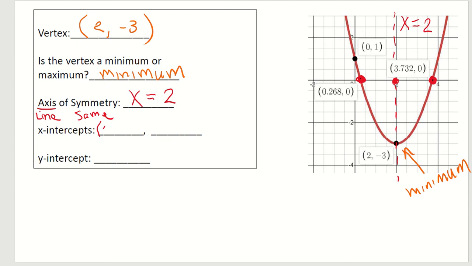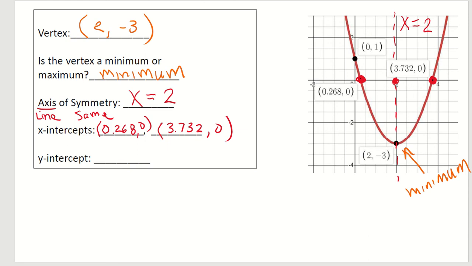One of them is (0.268, 0), and the other is (3.732, 0). A lot of parabolas have 2 x-intercepts. Every now and then you'll find a parabola with just one. Maybe we'll talk about that later. Or none. Maybe when the parabola is graphed above the x-axis and still opens upwards.